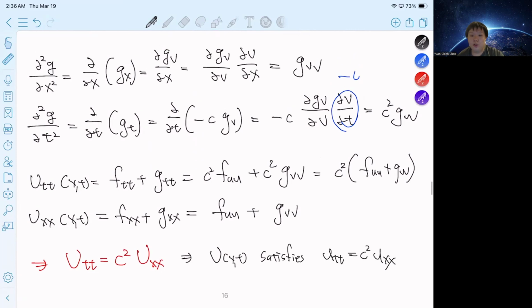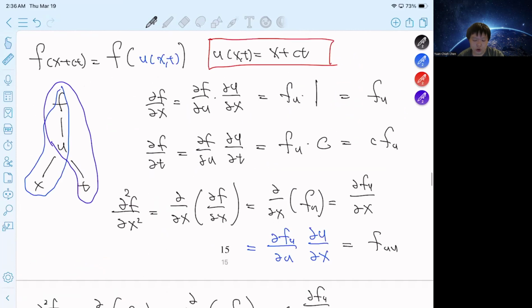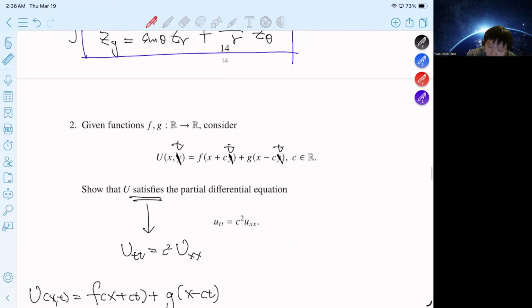This is a really beautiful result. If you're interested, this is called the wave equation. Basically, if you satisfy this equation, then it will be a wave. The solution of the wave equation will be like a wave.